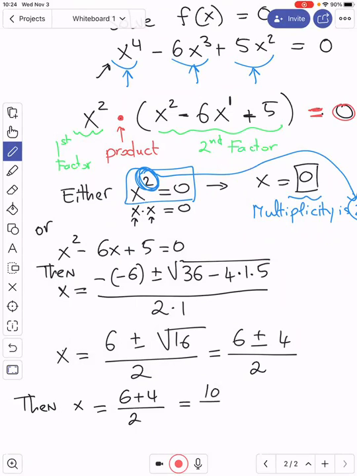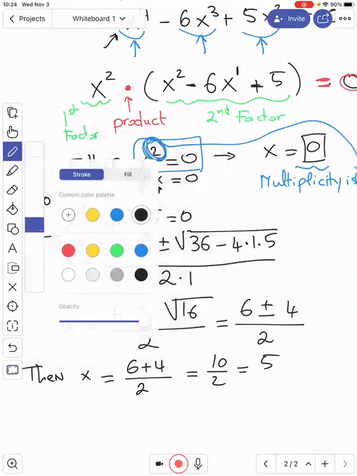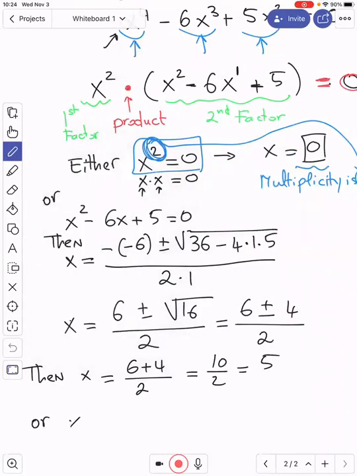That's 10 over 2, that's 5. Or x is 6 minus 4 over 2, so that's 2 over 2, and that would be 1. So we got 2 different solutions, 5 and 1.